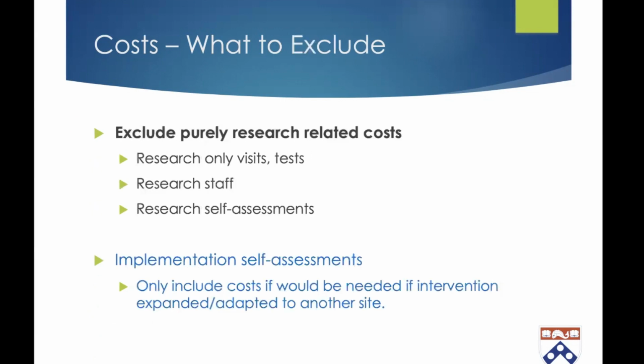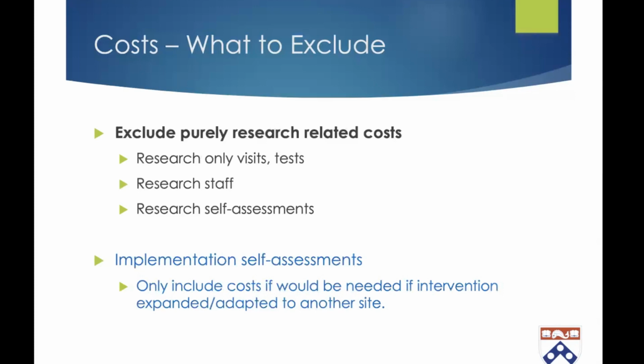So costs that you exclude on cost effectiveness analysis is anything exclusively related to research. So if there's a research only visit, not part of clinical care, your intervention, but it's for the research, tests related only to the research staff, all your CRCs, et cetera, research self-assessments as part of your intervention, those are excluded.